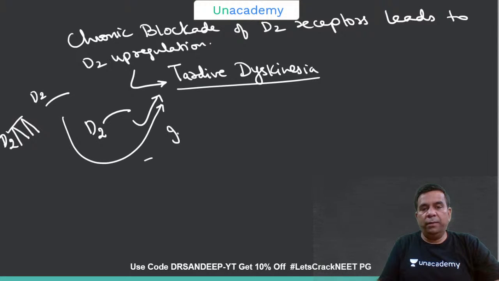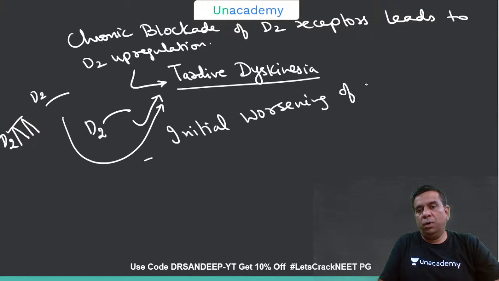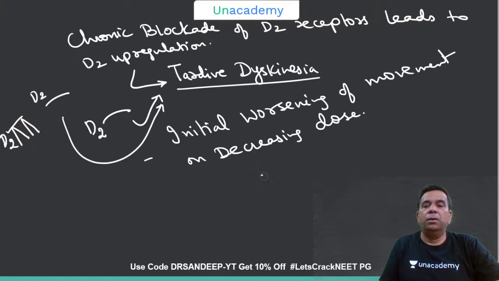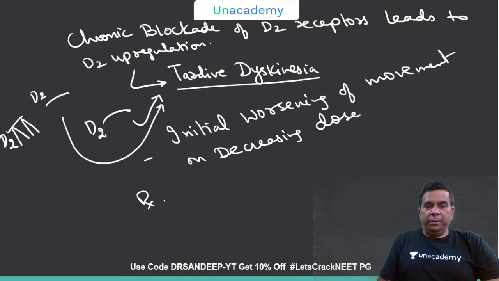So there is an initial worsening of movement on decreasing the dose. Okay. Treatment is stop all drugs, give clozapine, give tetrabenazine.